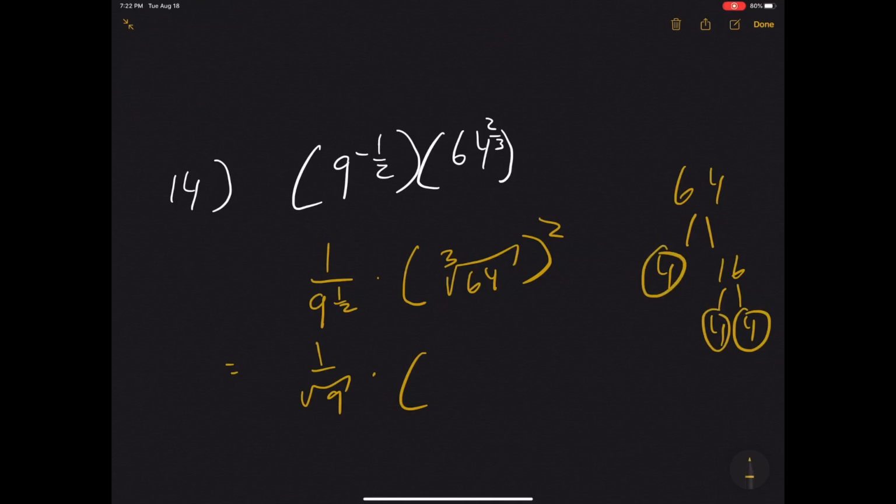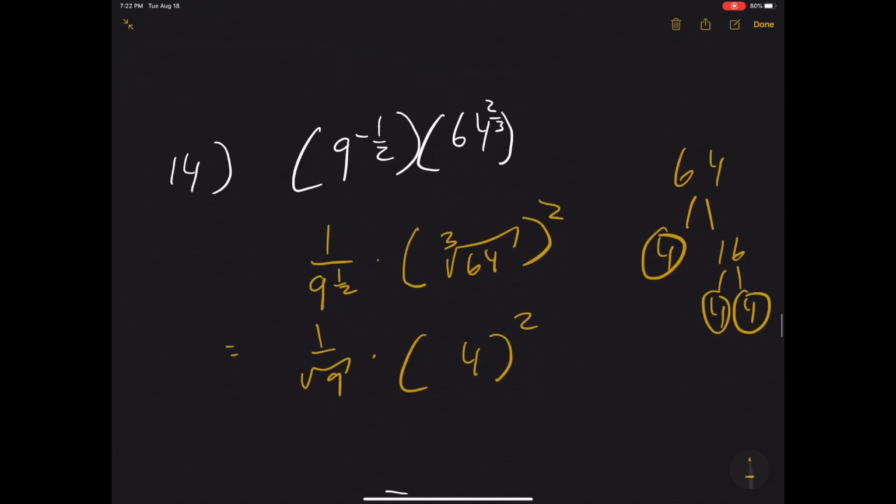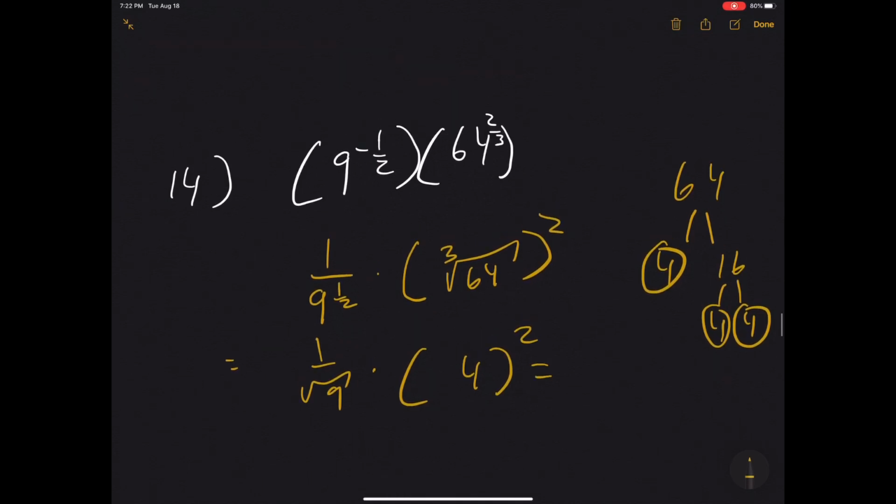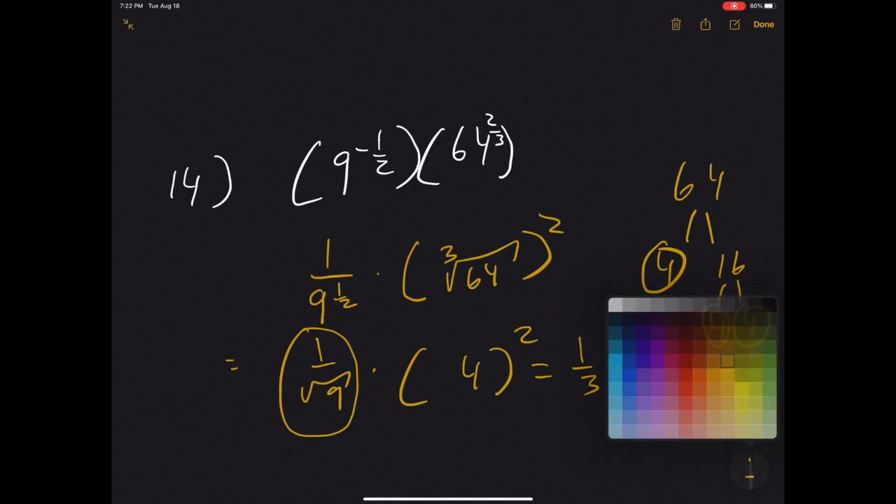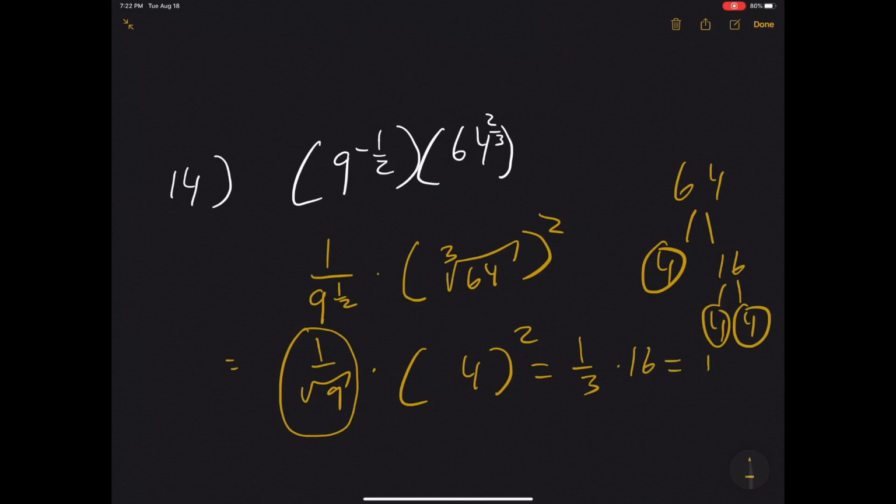So the cube root of 64 is just going to be 4, and we get our square. And then this is equal to 1 over root 9 is 1 over 3 times 4 cubed is 16. So this is equal to 16 over 3, or 5 1/3.